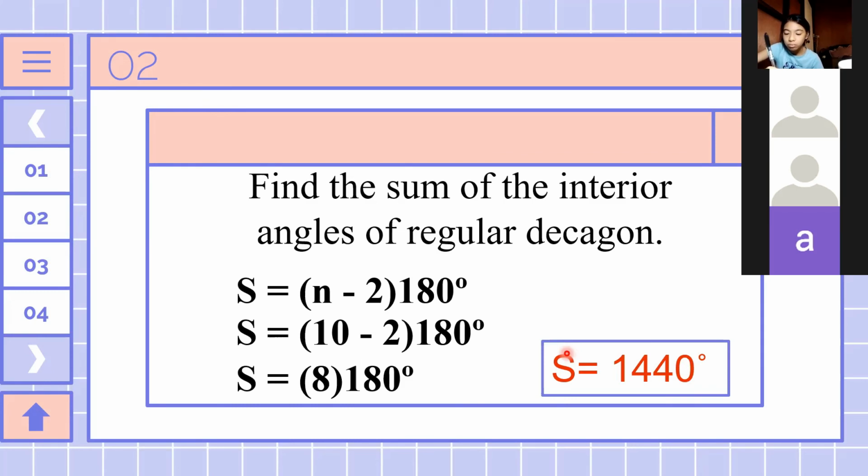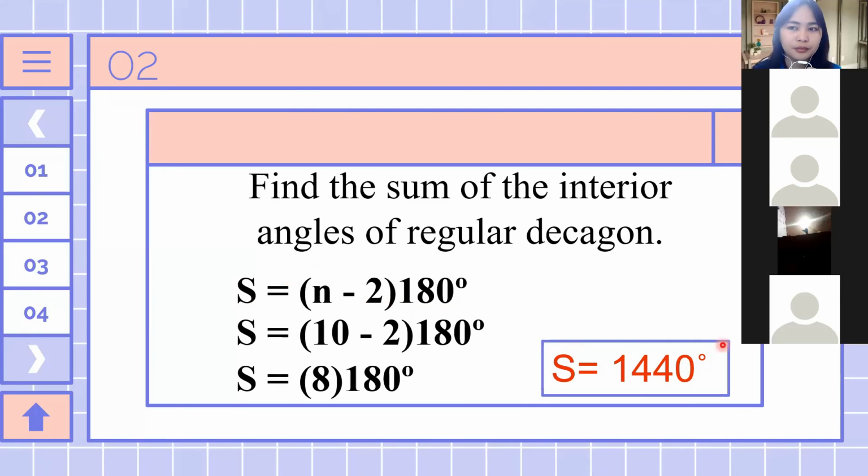Right? Okay, so again, in finding the sum of the interior angles of a regular polygon, ang formula is S is equal to the quantity of n minus 2 times 180 degrees. Okay? So, ang n is the number of sides of our regular decagon or regular polygon.